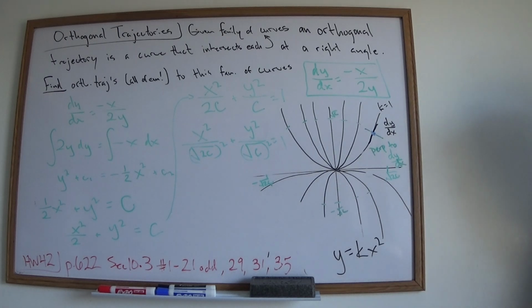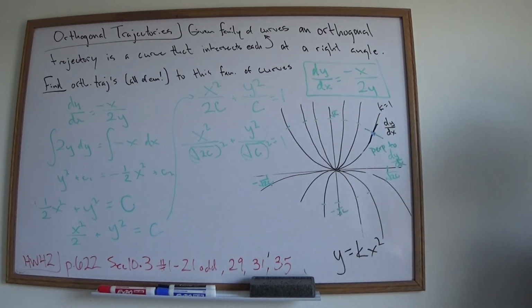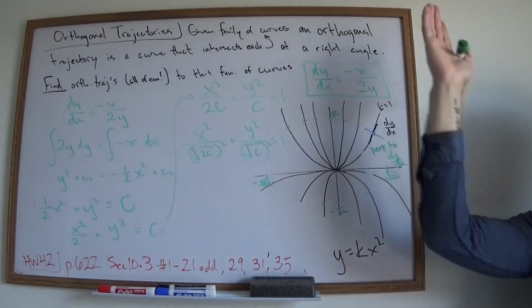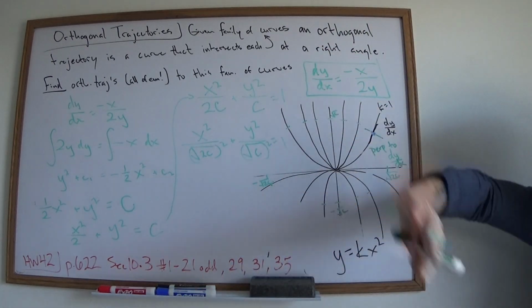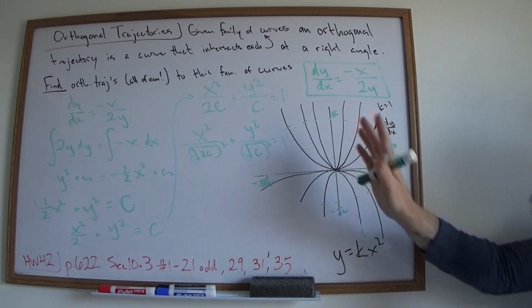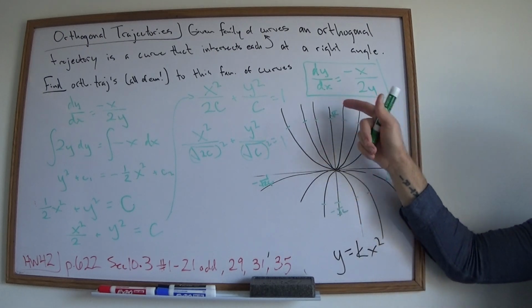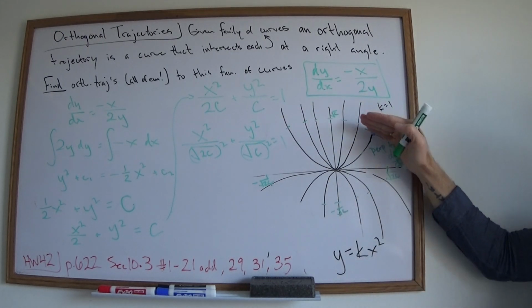I just think it's cool graphically. When you say, given a family of curves, I'm imagining the plane is filled with curves, and at every point on the plane there's some curve going through it. Now find even just one function that goes through every single one of those orthogonally.